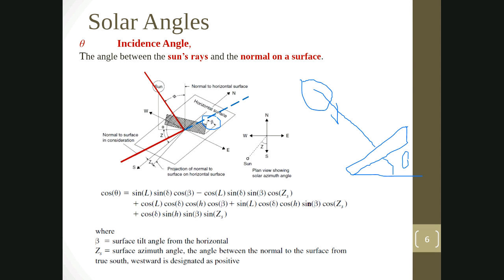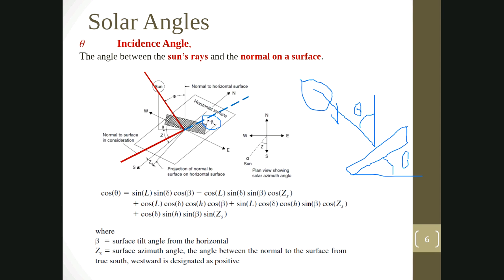This angle, which is between the sun ray and the normal to the surface, represents the incident angle theta. We always care about the incident angle, because depending on it, I am going to capture more solar radiation. So what is the incident angle and what does it depend on?